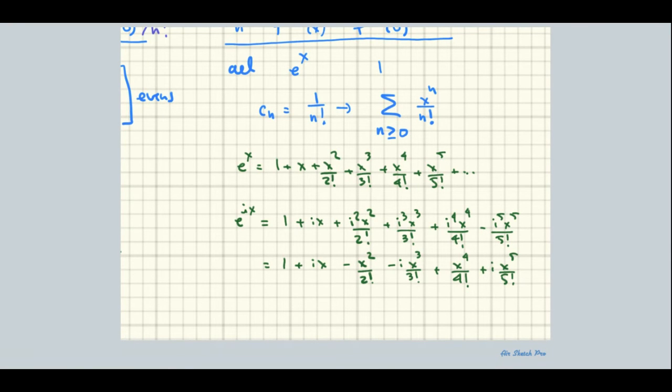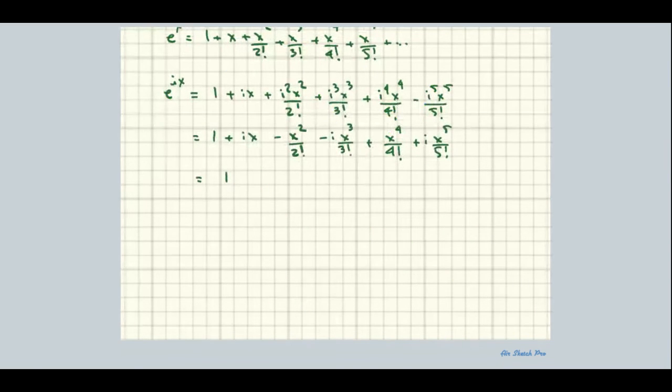Okay, so let's take a look. This is 1. Let's just look at the real parts. Just looking at the real parts, I see 1 minus x squared over 2 factorial plus x to the 4th over 4 factorial minus, and that's kind of like seeing what's going on, right? And this is going to be plus i times what?